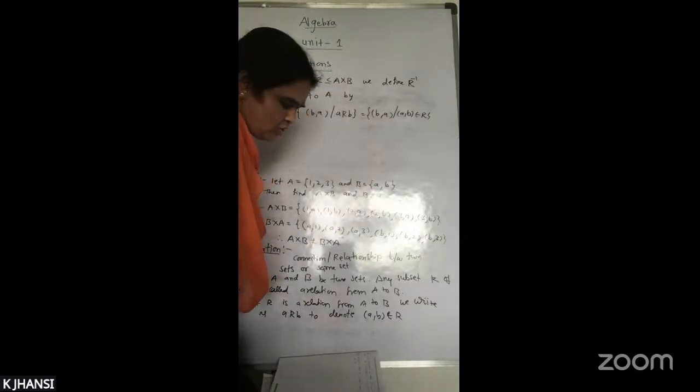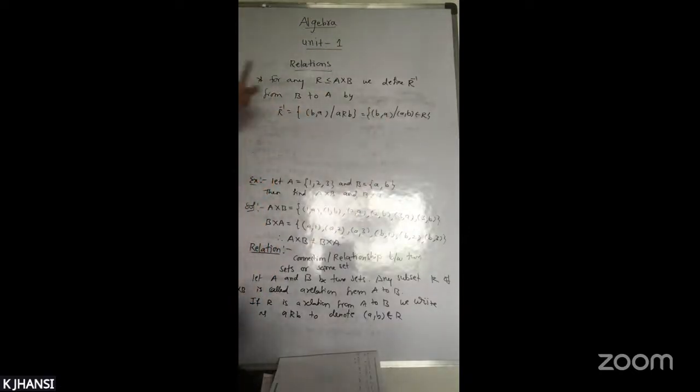Okay. So if R is a subset of two sets A and B, which are two different sets. But if R is a subset of the same set, that is, set A only, meaning itself, so R is a subset of A cross A, then R is called a binary operation on A. So this is also important.